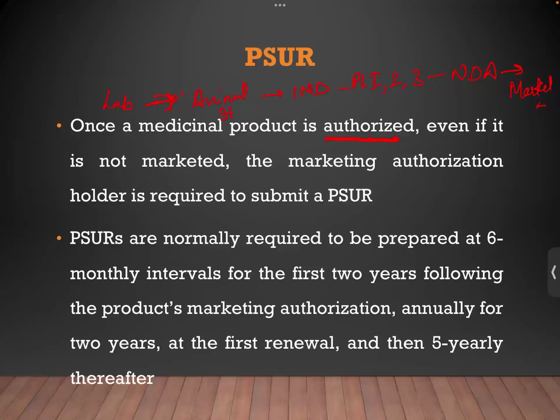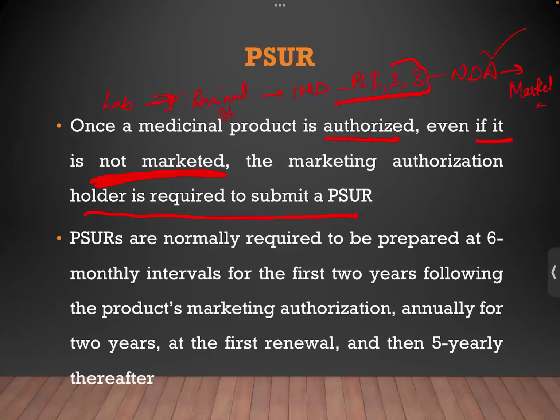Even if it is not marketed, the marketing authorization holder is required to submit the PSUR. This is important to understand. Suppose this happens in some cases, like 2 to 5%, not marketing. They have done phase 1, 2, 3, even applied for NDA.